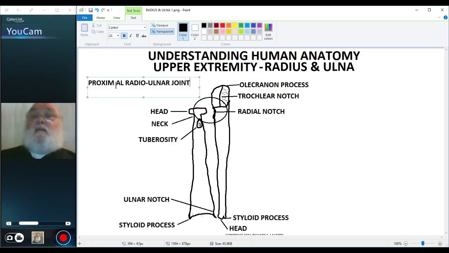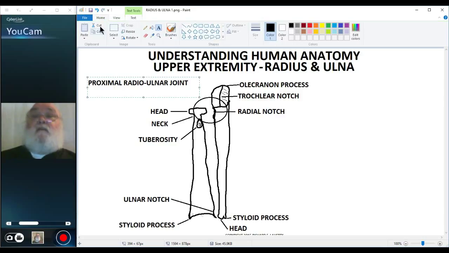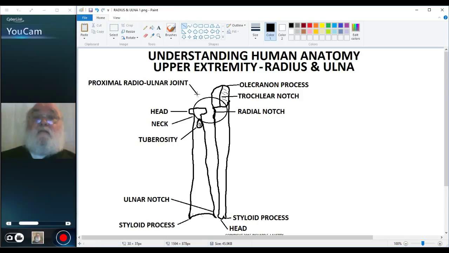And this joint is a synovial joint. Okay, a synovial joint, so that there's a small space. Again, I've exaggerated the space between the bones.